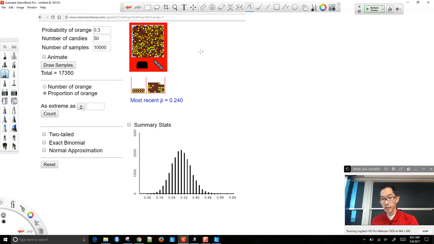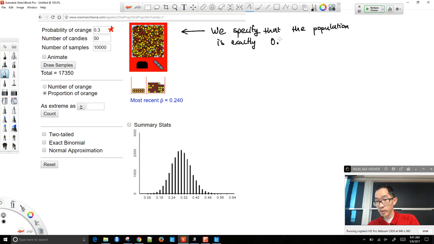And so the idea is we specify that the population is exactly 0.3 orange.